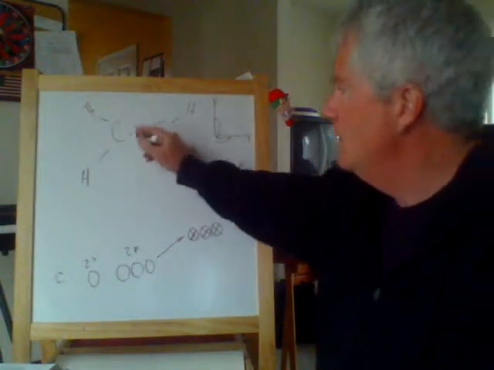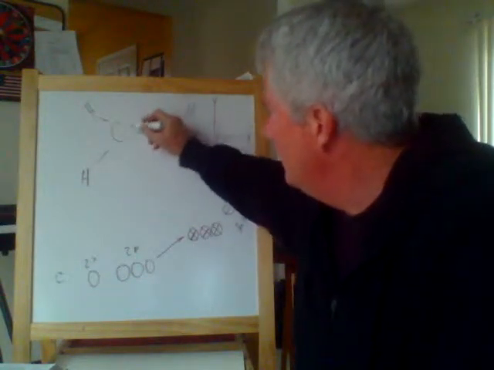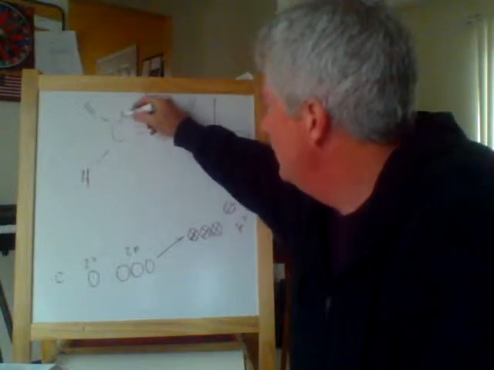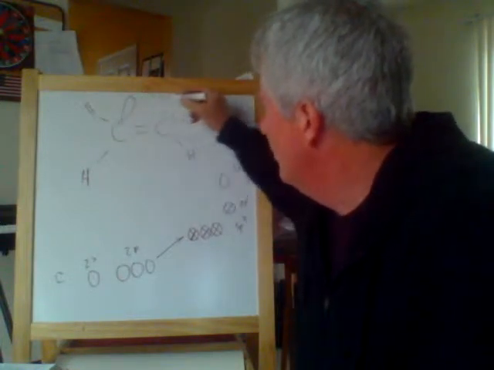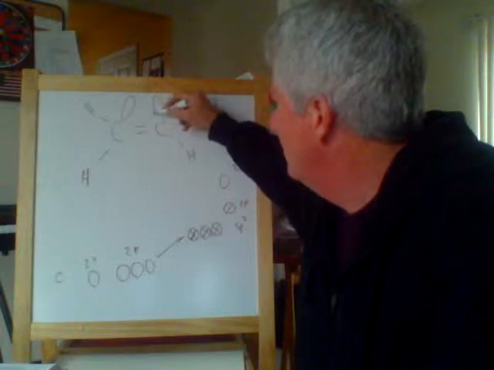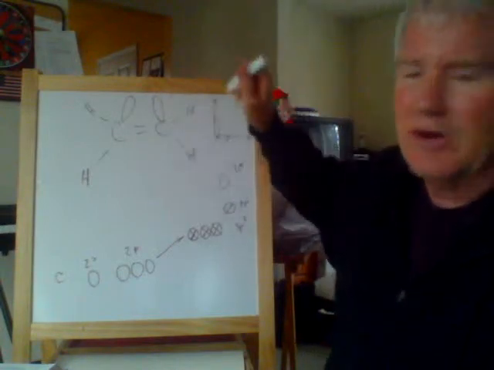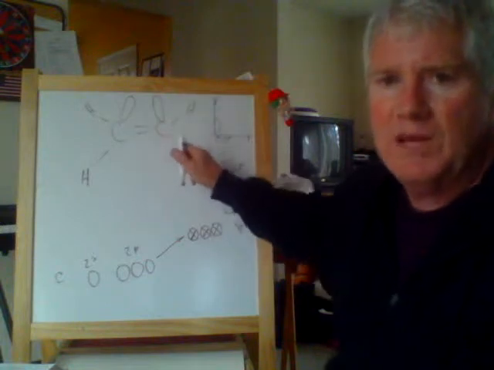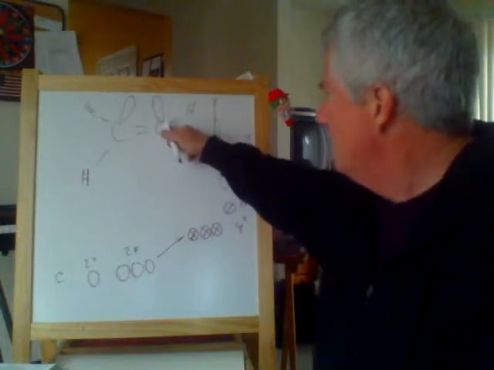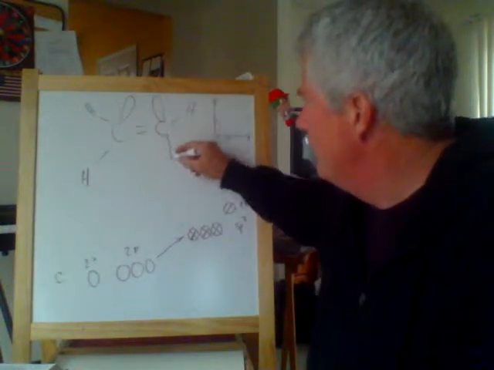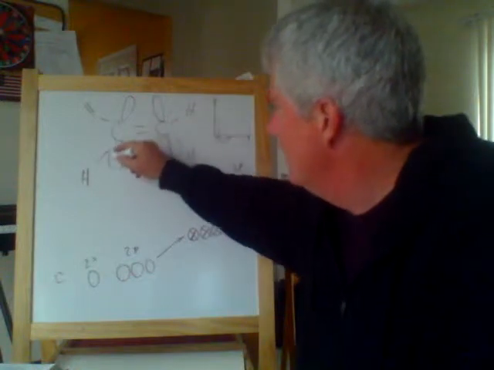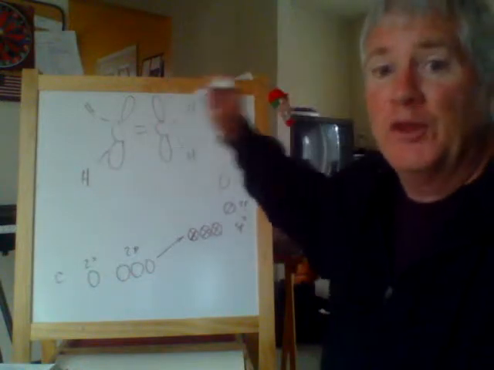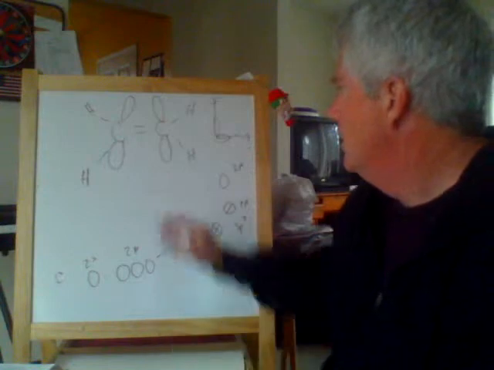What that means is that each of these carbons has an orbital that extends up in the z direction. I know it kind of looks like I'm just drawing in the y, but I have a hard time depicting that third dimension. But picture this loop that we have here as being in the third dimension.